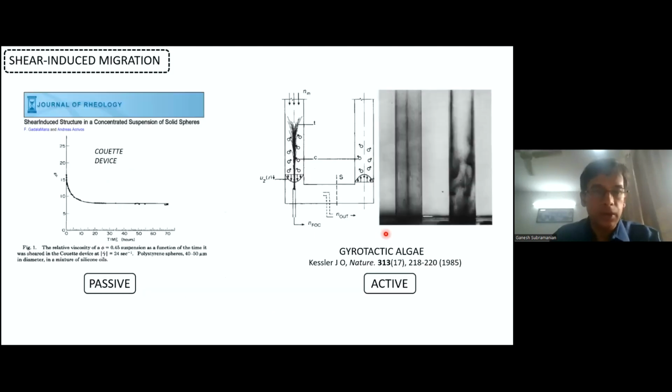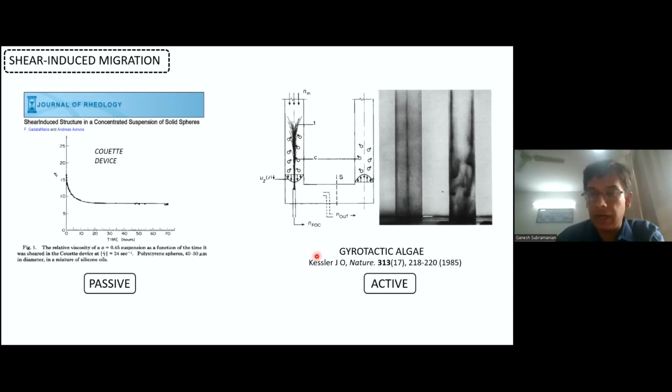Okay. So I want to begin by showing these two pictures of experiments, both of which have to do with shear-induced migration. And in fact, the right-hand side picture was dealt with by both speakers this morning, particularly the last talk. And that has to do with the migration of an active swimmer, Chlamydomonas, which is gyrotactic.